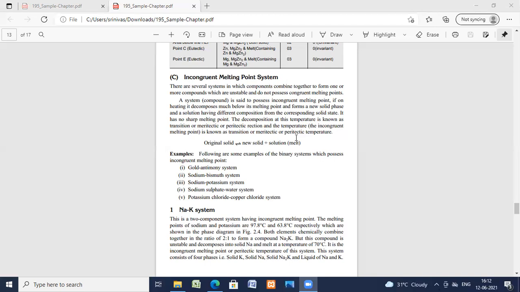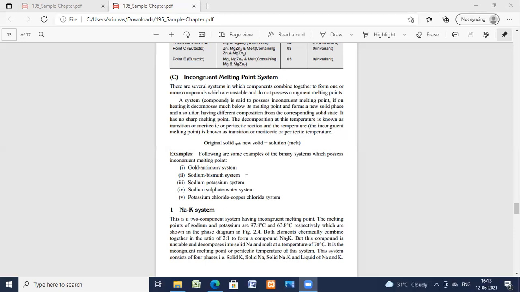Following, I have given you here the examples of the binary systems which possess incongruent melting points. Gold antimony system, sodium bismuth system, sodium potassium system, sodium sulfate water system, potassium chloride and copper chloride system.